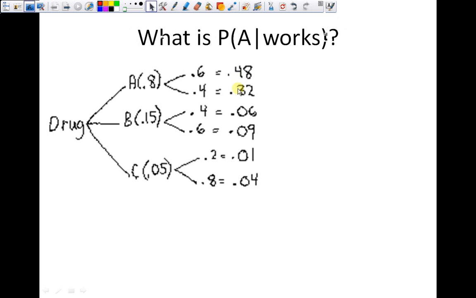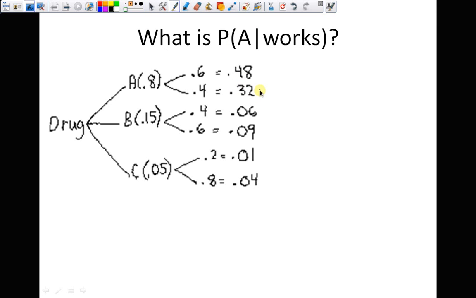Okay. Next question says, what is the probability of drug A given that it works? To make this make a little more sense as far as a problem, given that a drug has worked, what is the probability that it was drug A? First let's think about what I like to call our universe, which is works.